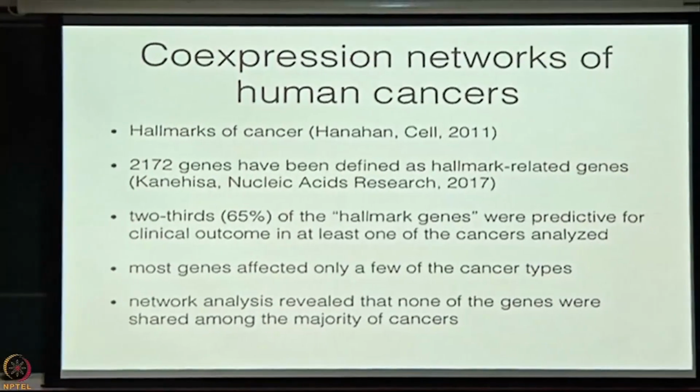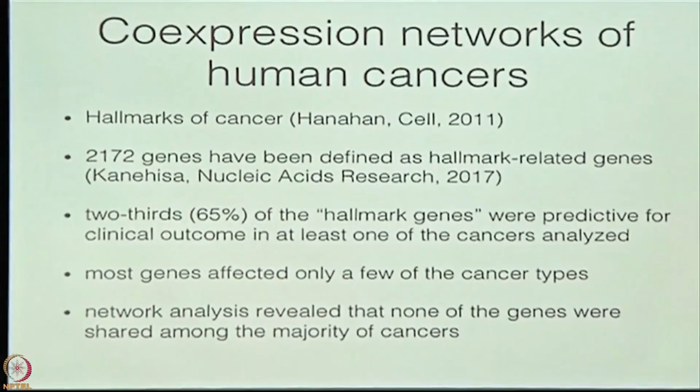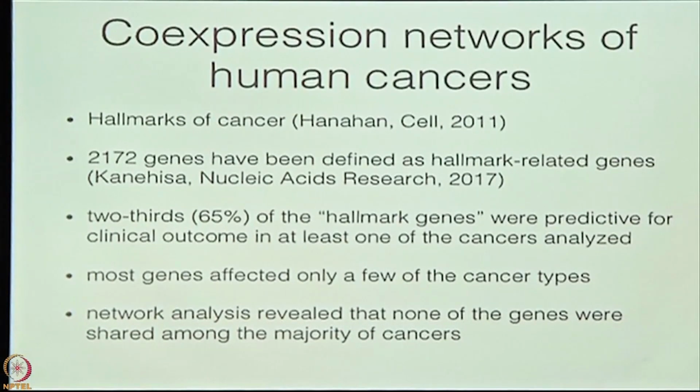So that was verified, what was earlier reported, at least by our study. Most genes affected only a few of the cancer types. All cancers were not affected by the hallmark genes. And the network analysis showed that most of those genes were not shared.